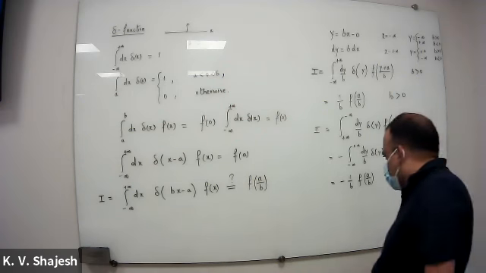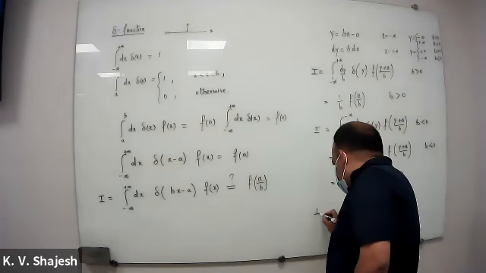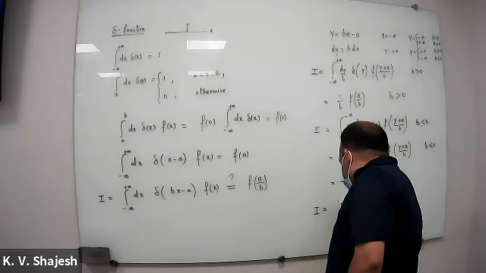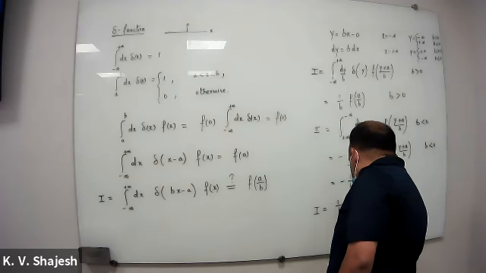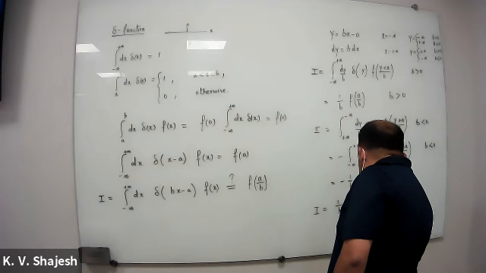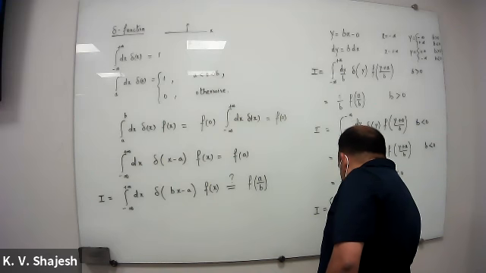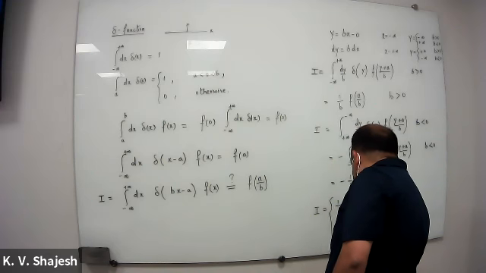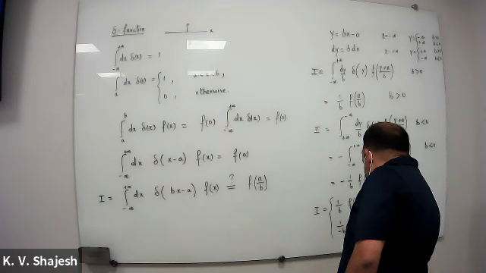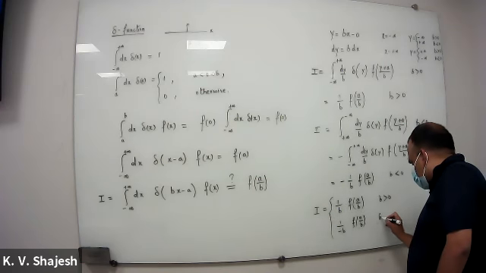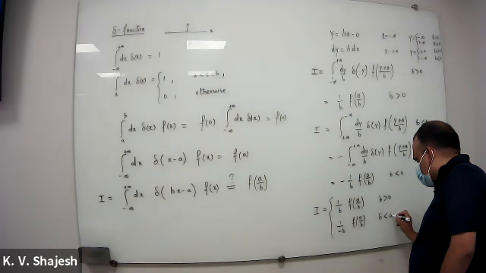So it seems to suggest that this is equal to 1 over b times f of a over b if b was greater than 0, and it is 1 over minus b f of a over b if b was less than 0.